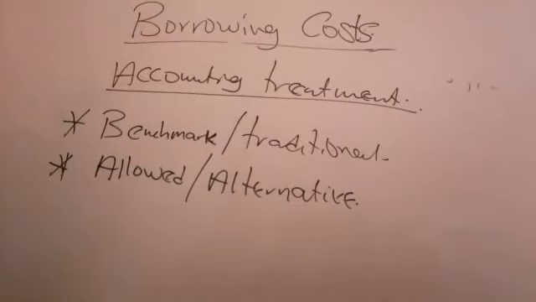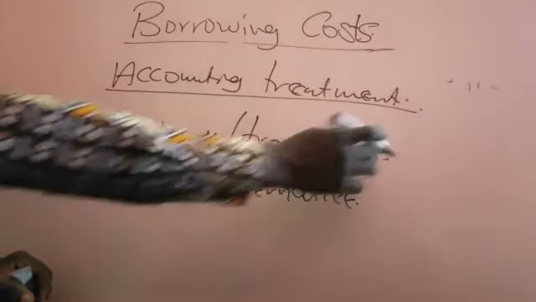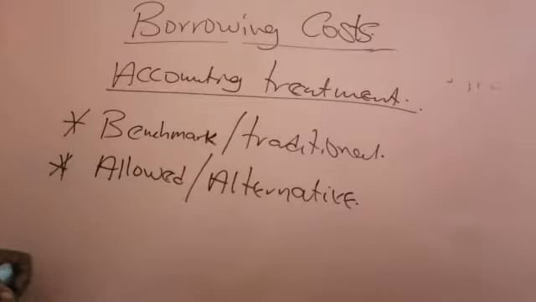Now let's discuss each of them. First, the benchmark or traditional treatment of borrowing costs. In fact, that one is so straightforward. Traditionally, before the coming of IAS 23, all borrowing costs are expensed.